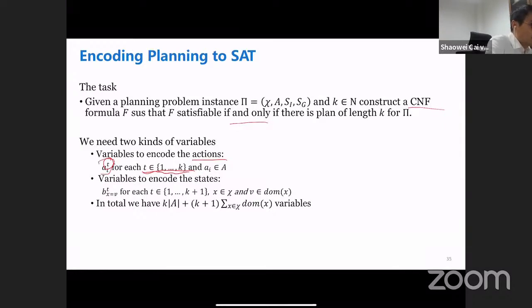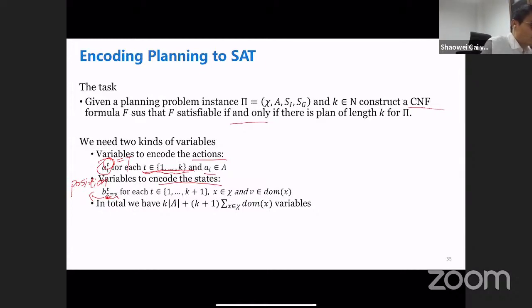If a_i^t is true, that means that at time T, we take action a_i. Also, we have variables to encode the states. Each variable X is actually a position. We need to consider at time T what its state is.